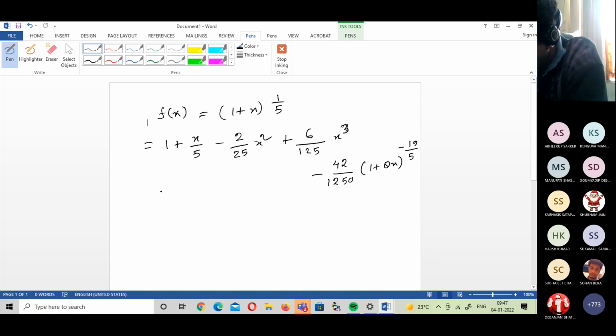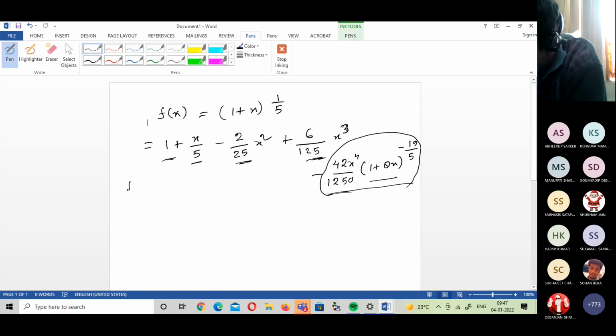Now here you have to obtain f(0) plus x into f dash 0, x square by factorial 2 f double dash 0, x cube by factorial 3 f triple dash 0, x to the power 4 by factorial 4. If you stop here, take the Lagrange's form of remainder in this term.